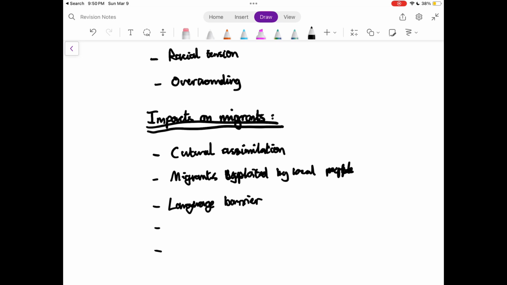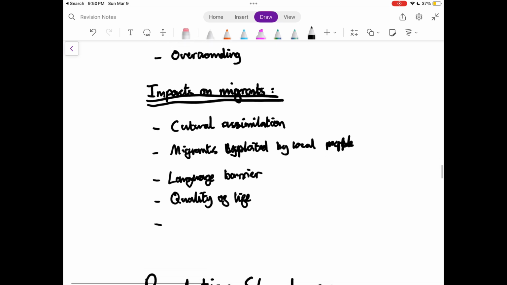Another impact is that it could increase the quality of life for the migrants because they're moving to an area that's more wealthy and where they can take part in different charity groups and also work. So they'll be able to experience a better quality of life.